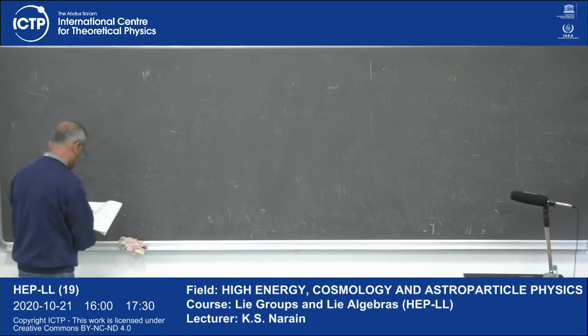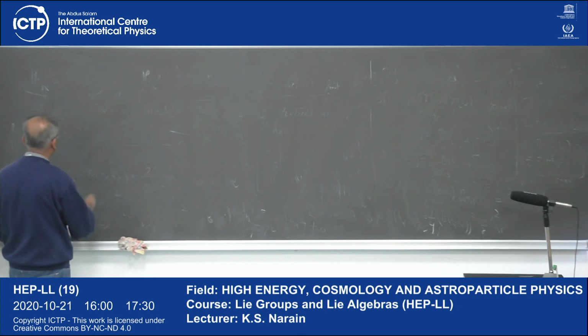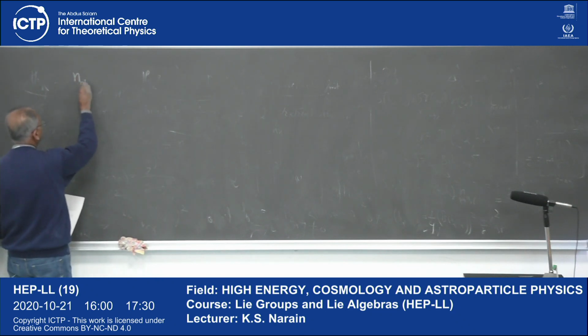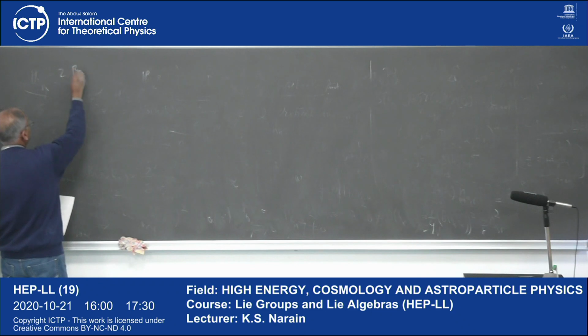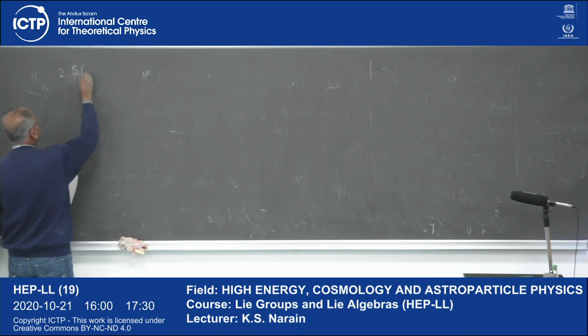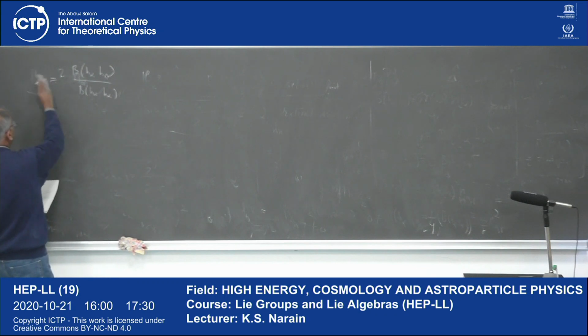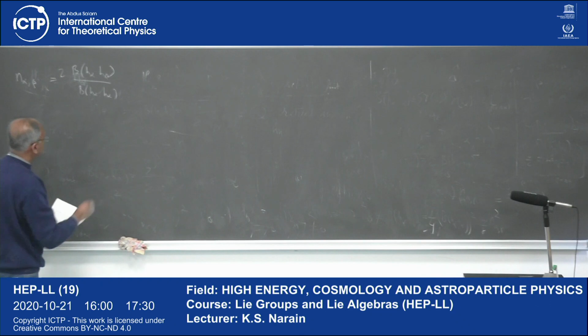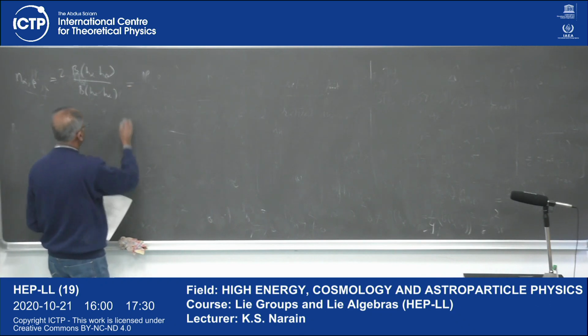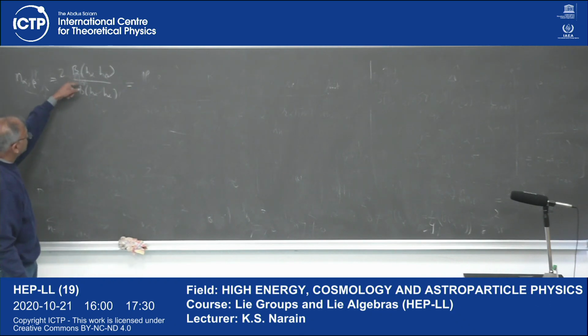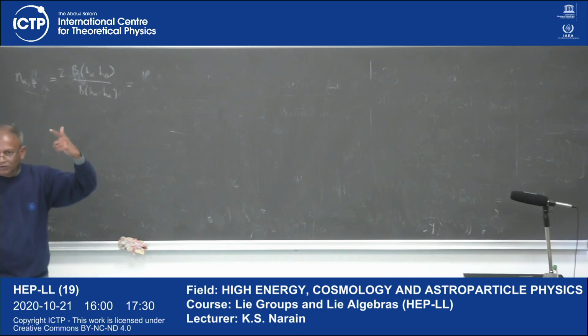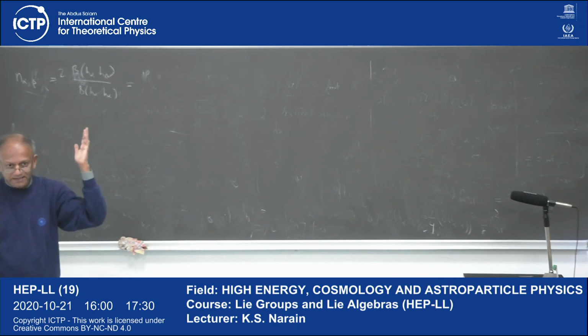Now let's look at, remember what was n alpha beta? This was 2 B(H alpha, H beta) divided by B(H alpha, H alpha). This is what we are calling n alpha beta. Remember that using this Cartan-Killing form, we could directly introduce a metric on the dual space, H star.